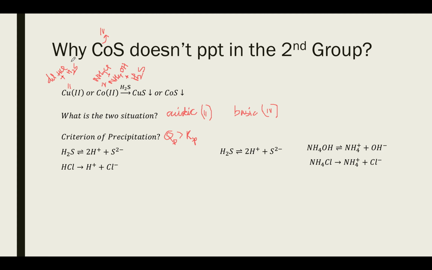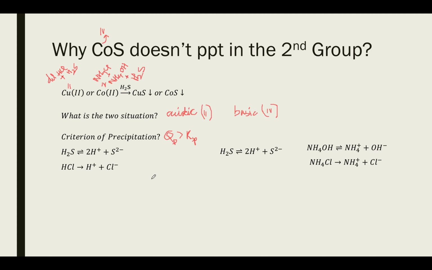So when you are adding the group 2 reagent, what is happening? Copper sulfide is getting precipitated. That means the cobalt sulfide Ksp is not reached, which is why cobalt sulfide is not precipitated.